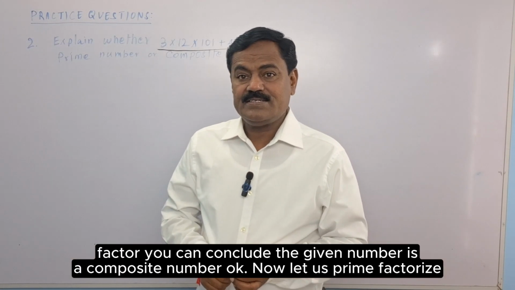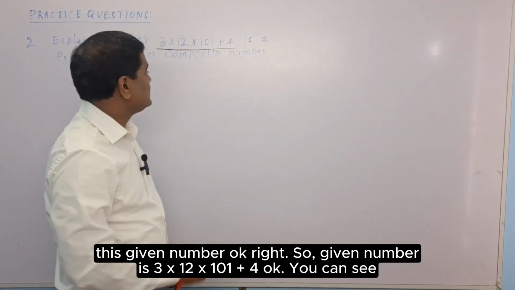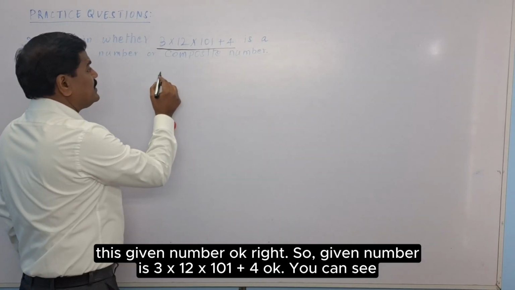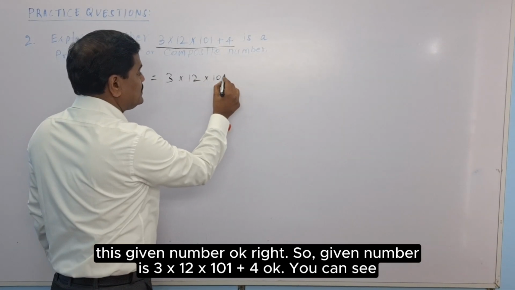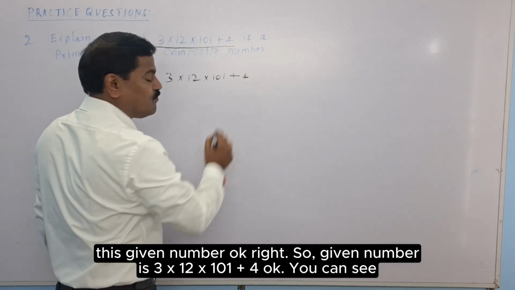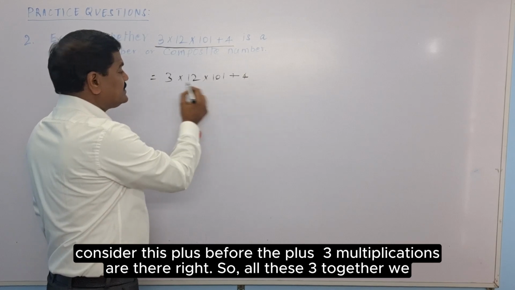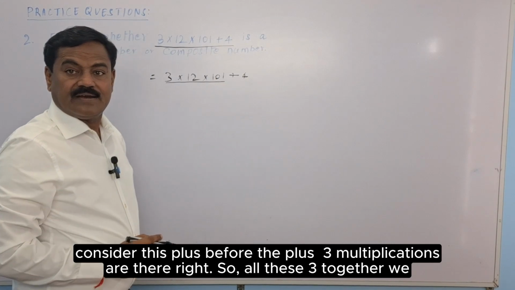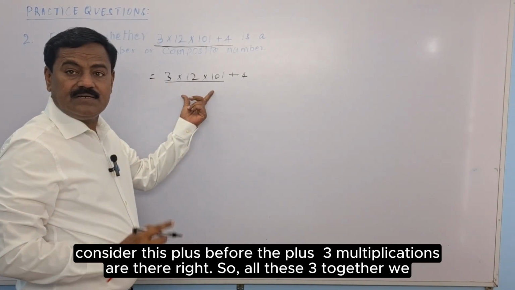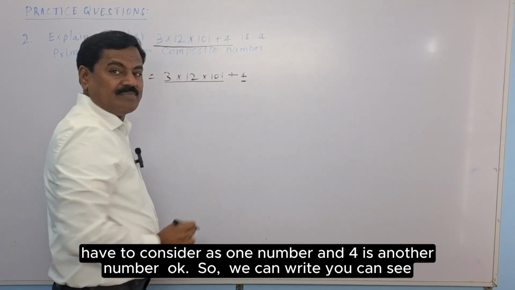Now let us prime factorize the given number, 3 into 12 into 101 plus 4. Consider this plus: before the plus, three multiplications are there, so all these three together you consider as one number, and 4 is another number.